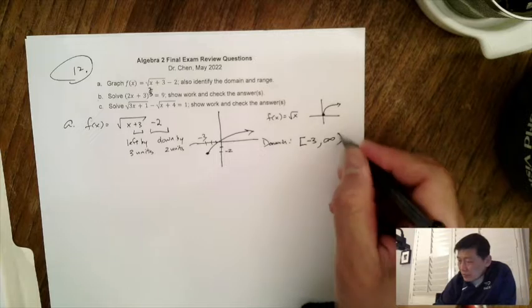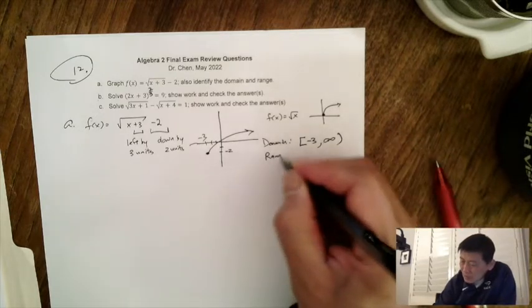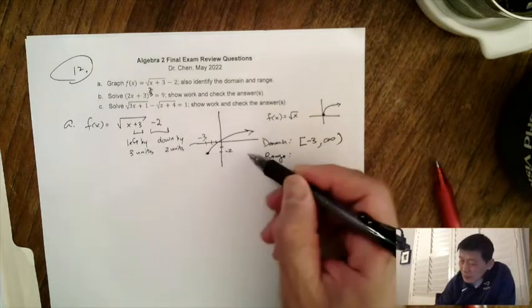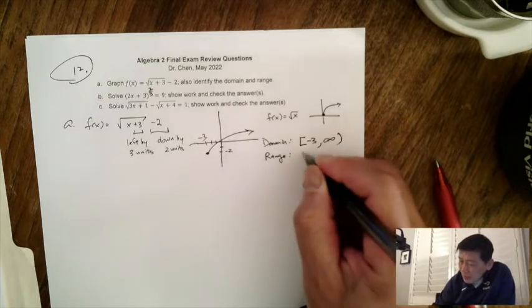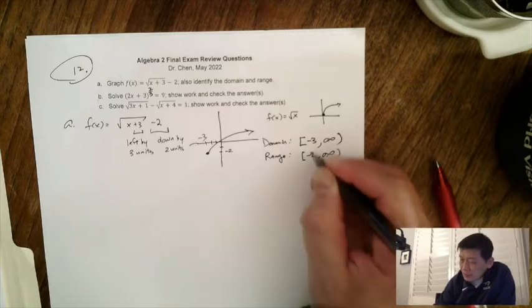Range: as you can see, it starts from negative 2, goes all the way up, and it does include negative 2. So it's bracket, negative 2, and then infinity. So there you have it.